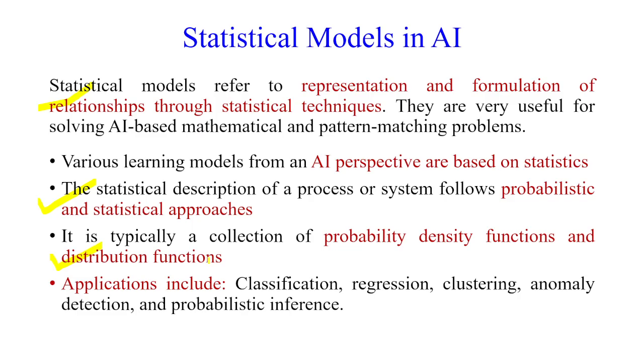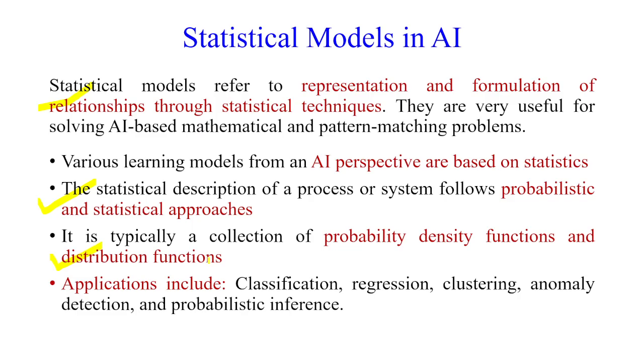The applications include classification, regression, clustering, anomaly detection, and probabilistic inference. What is classification? Deciding which category something belongs to. Is this email spam or not? What is regression? Predicting a numeric value.